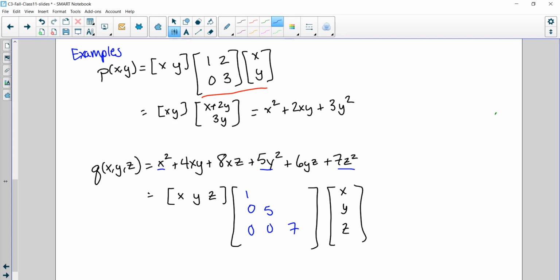Then I just need to figure out where everything else goes. In the first row, the second column should be where x and y correspond, so that would be 4. Similarly 8 would go in the first row, third column, and then by process of elimination I should have 6.